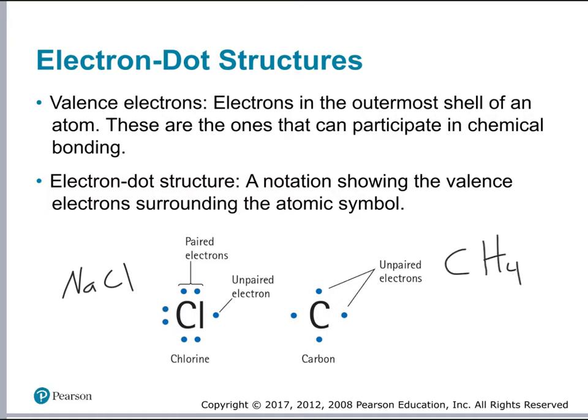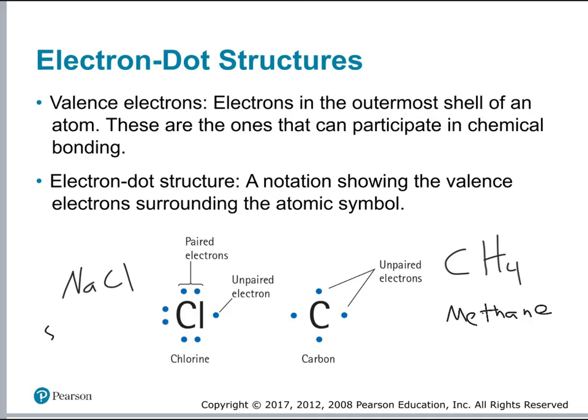As an example, we might look at methane, which has the chemical formula CH4. Four different hydrogen atoms can bond to one carbon atom because there's four unpaired electrons in the outermost valence shell. And for completeness, let me write that down. This is methane, of course.